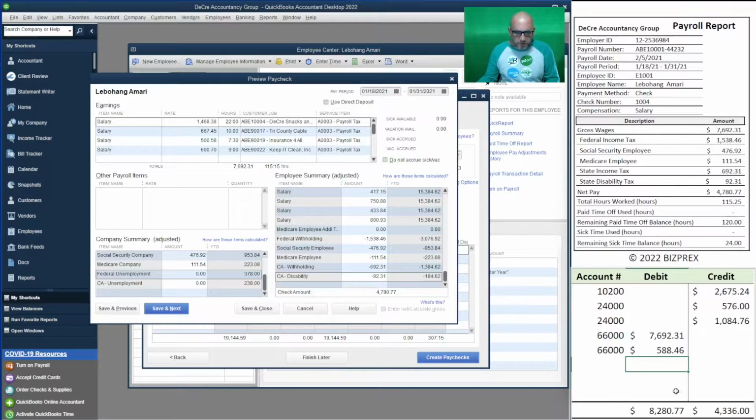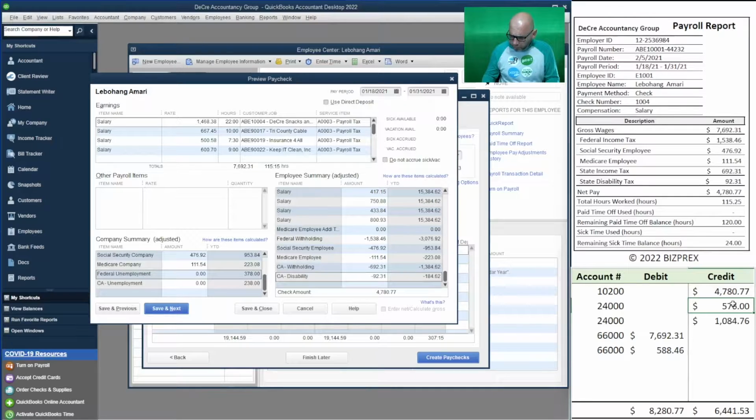There it is, right? Debits and credits, and then what's happening here? That's our net check, right? And then basically the amount of money we owe to the government at this point.